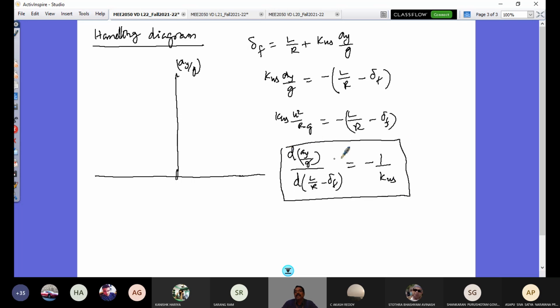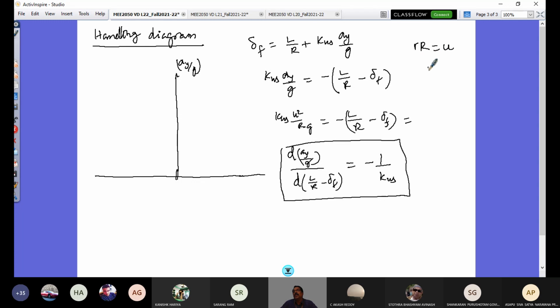The variation of lateral acceleration is a function of this quantity, which I can also rewrite. I know small r into capital R is the forward speed in my bicycle model, where small r is the yaw velocity and R the turning radius. Like omega r in rigid body mechanics, here rR is equal to forward speed.